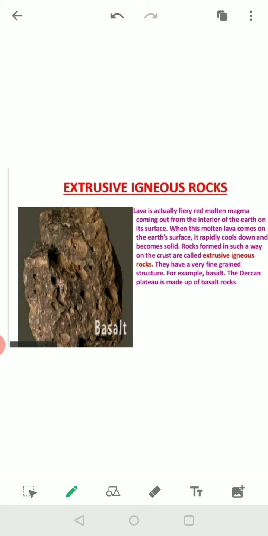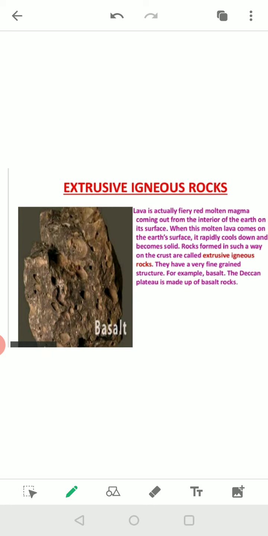First of all, we will learn about the extrusive igneous rock. Lava is actually fiery red molten magma coming out from the interior of the earth onto the surface. When this molten lava comes onto the earth's surface, it cools down rapidly. Whenever you heat something, afterward it cools down.